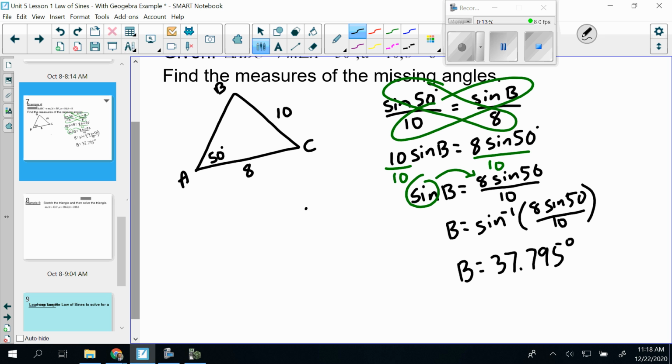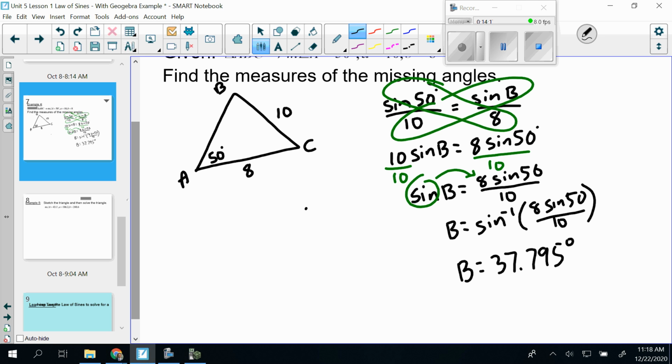So what we got to look at now is what would angle C be? And we also have to check, is there another option for angle B? Meaning that its supplement, the angle that adds up to 180 with it, could that be a possible angle too?